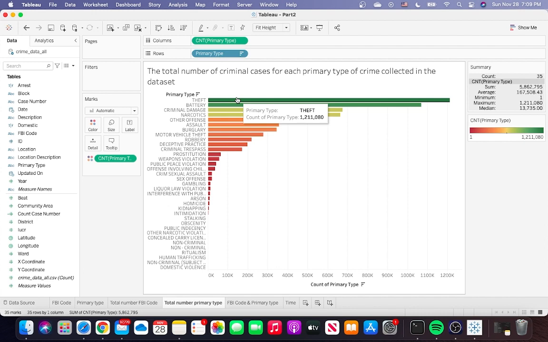The chart shows that theft, as a primary type, has the most criminal cases with about 1 million cases, and domestic violence has the lowest number of criminal cases among the 35 primary types, with only one case.